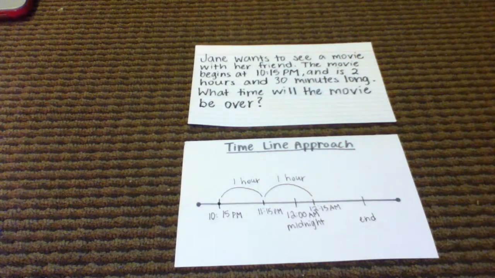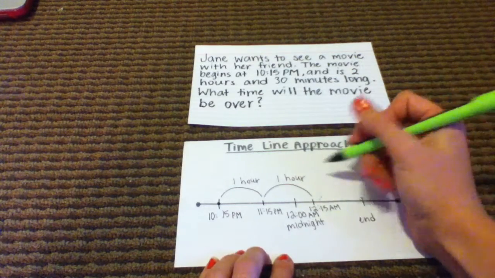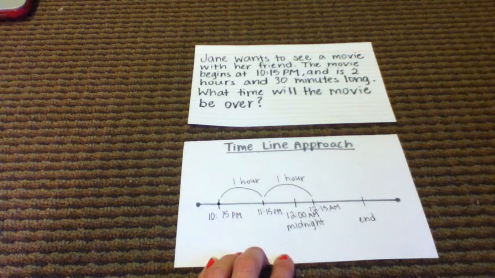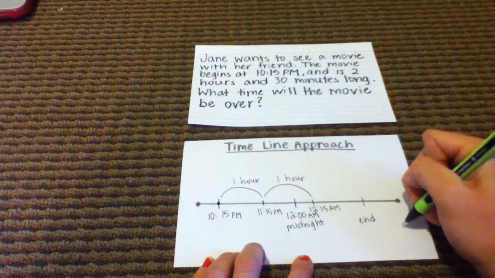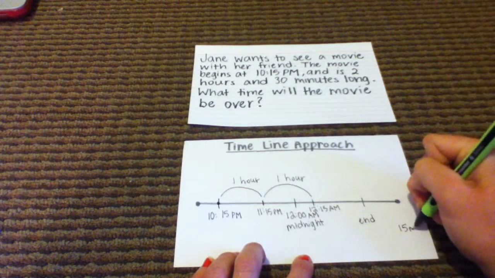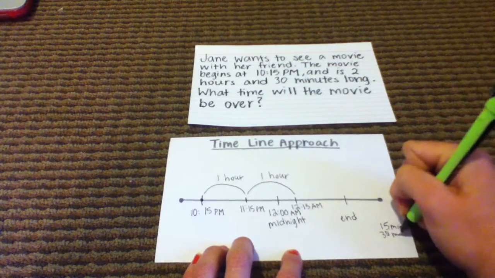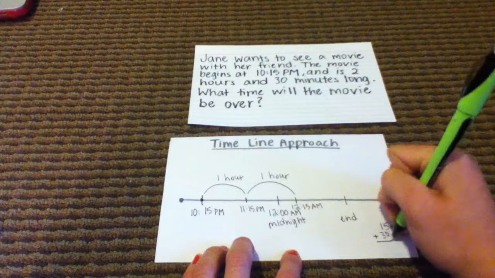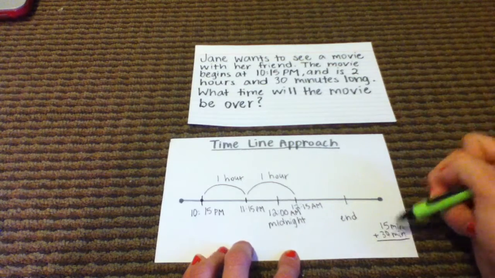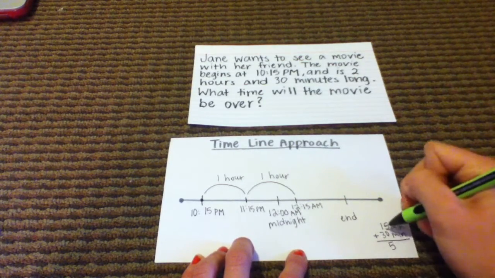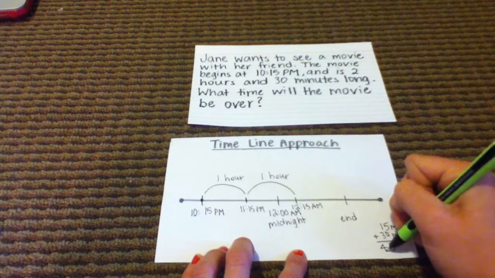We still need to go another 30 minutes. So we're at 12:15, and we want to add 15 minutes plus 30 minutes and figure out what that is. So if we add these together, we have 5 plus 0 is 5, and 1 plus 3 is 4.